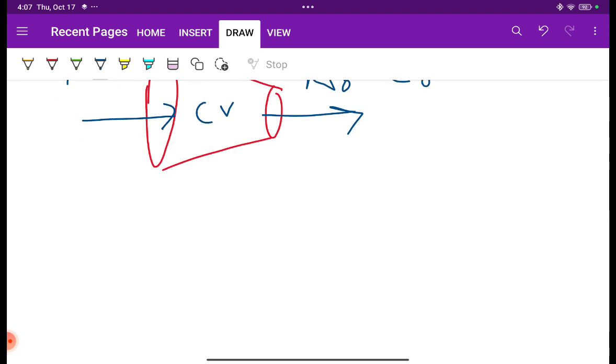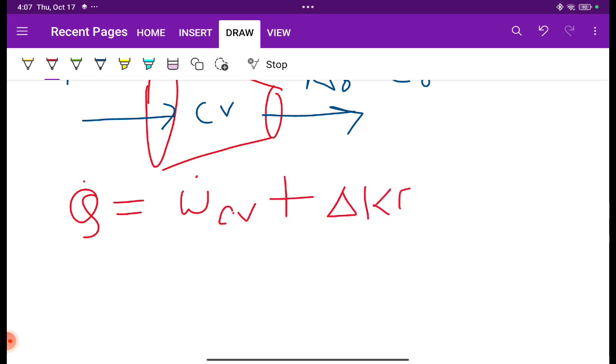So just by stating our general formula, the rate of heat interaction will be equal to the rate of work interaction at the control volume plus the rate of kinetic energy plus the rate of change in potential energy plus the rate of enthalpy change.